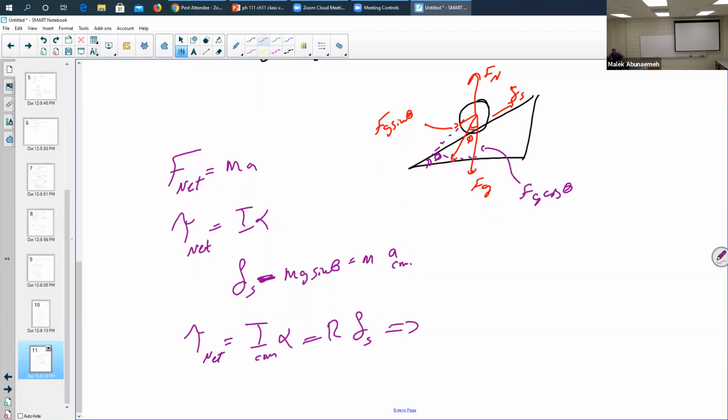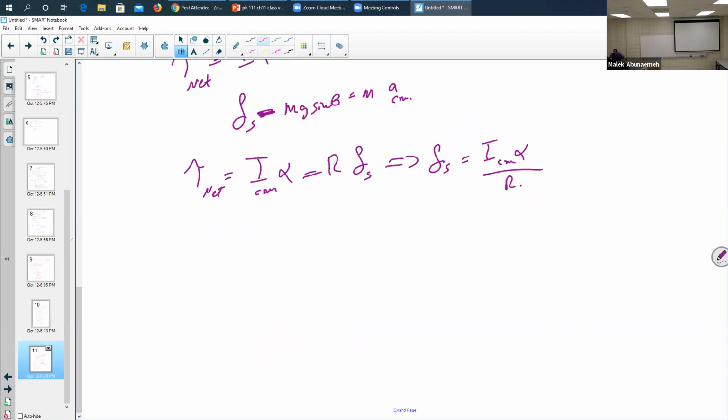That means your friction force is going to equal I center of mass alpha divided by R. And the center of mass acceleration, again, is going to equal alpha R, same thing. So that means your alpha is going to equal center of mass acceleration divided by R, which is going in the opposite side, so it'd be minus a COM.